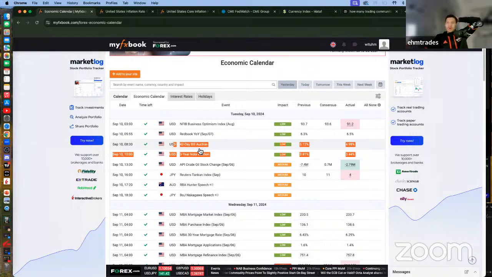Why is this important? Whatever the previous result is, if that number is lower, then money is pulled away from USD bill auctions, which devalues the dollar.